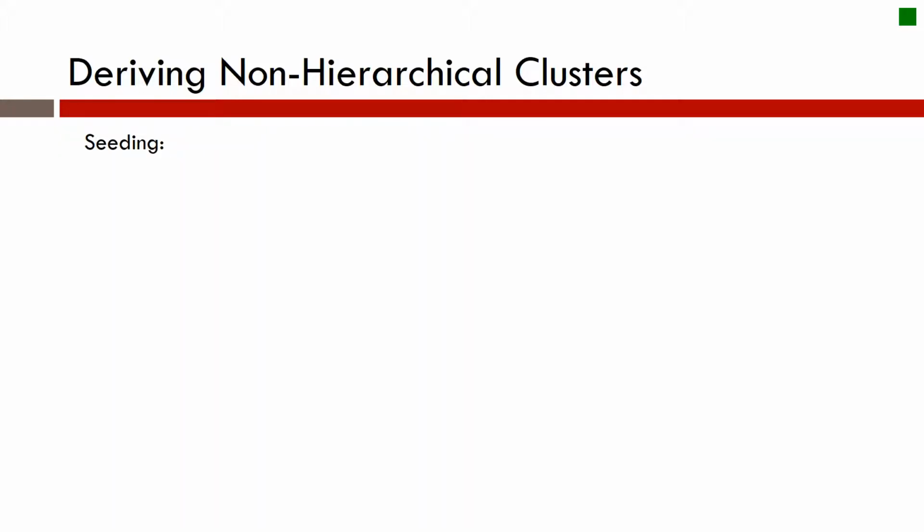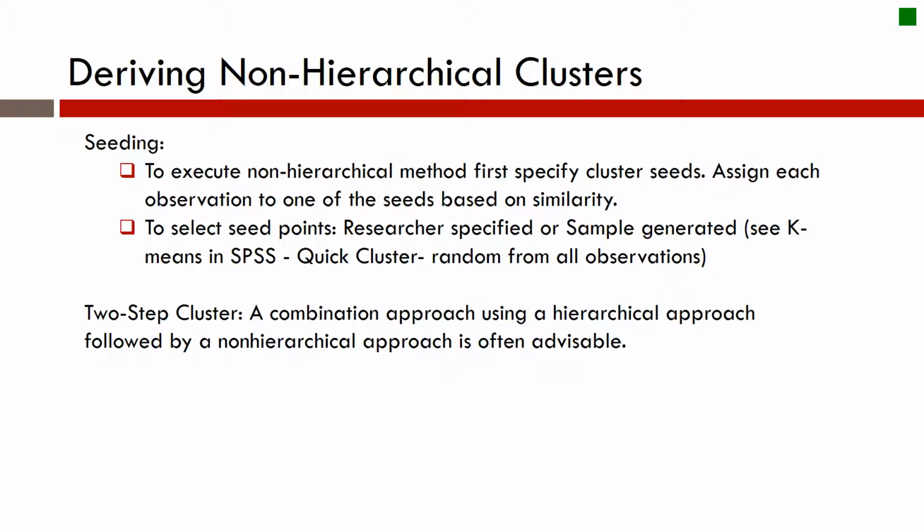So when we talk about seeding then, in non-hierarchical methods, we first have to specify where the centroid or cluster seed will start. And then based on that start point, we look at the distance between observations and that center or seed point.